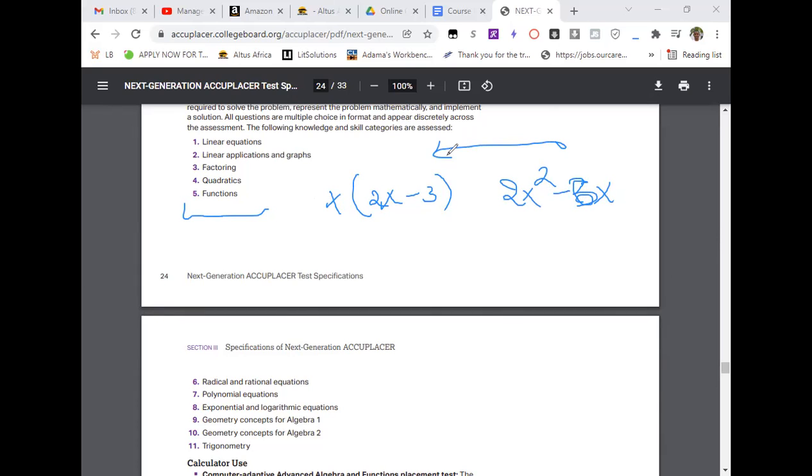Functions, here again, quadratic and functions. Here again, it's the same functions of x, but now they're going up to a degree of 3 using x squared instead of linear equations. And then next we have radical and rational equations. This is just square root of numbers. So let's say x squared equals 2.